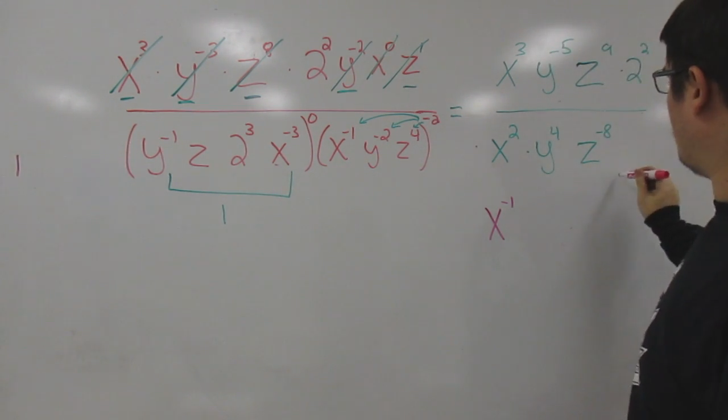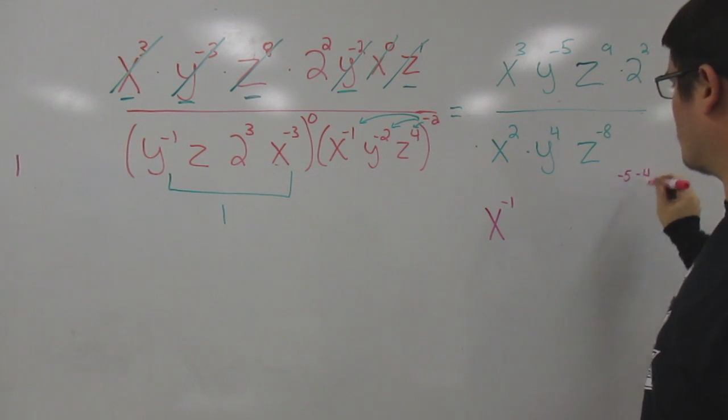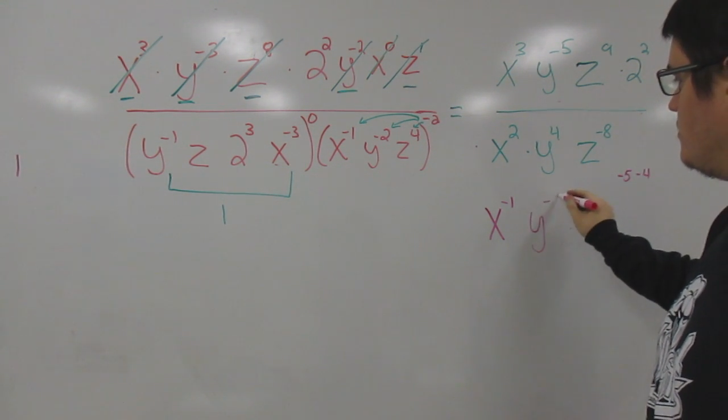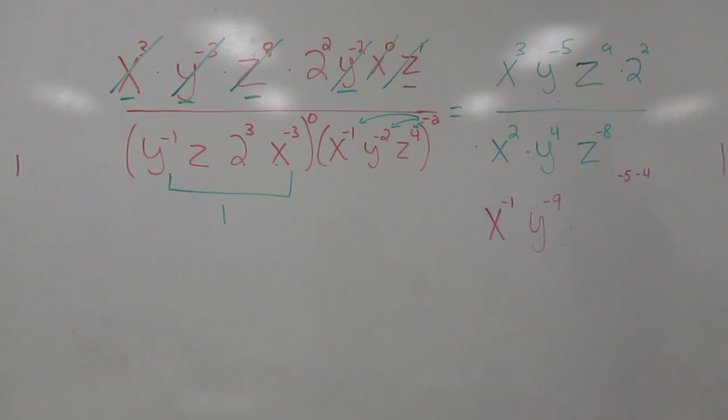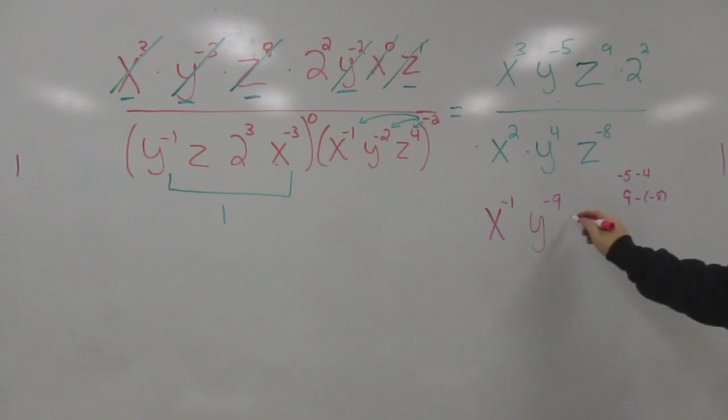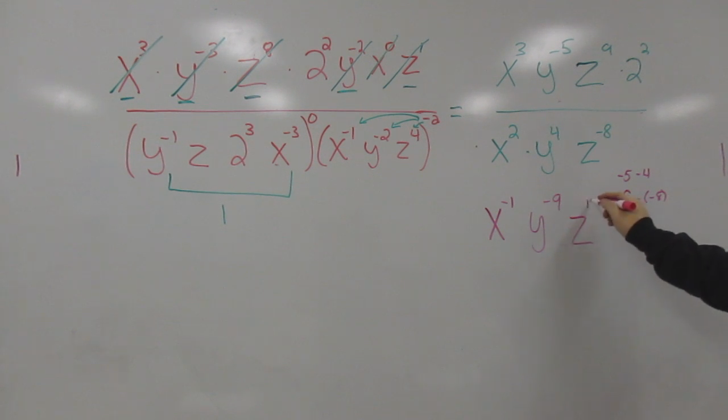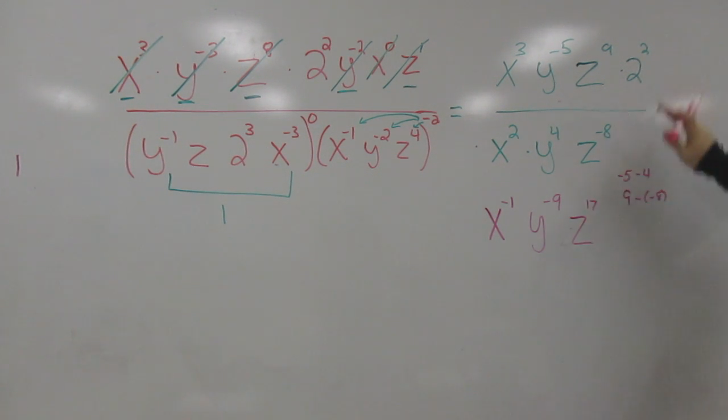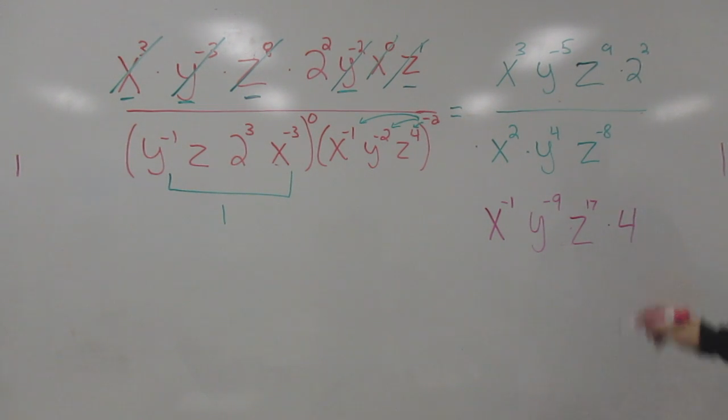You get negative 5 minus 4, so y to the negative 9. Z to the 9th, negative 8. You get 9 minus a negative 8. Be careful with those signs there. That becomes, what, 17? And then we're left with the 2 squared. We don't have any other 2's, so I can multiply that on and get 4.